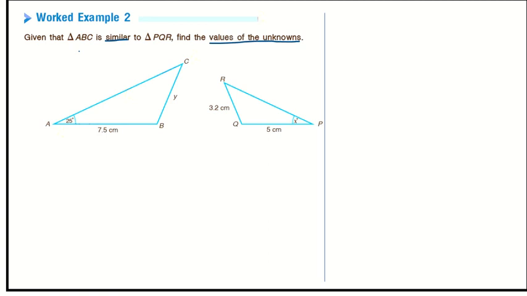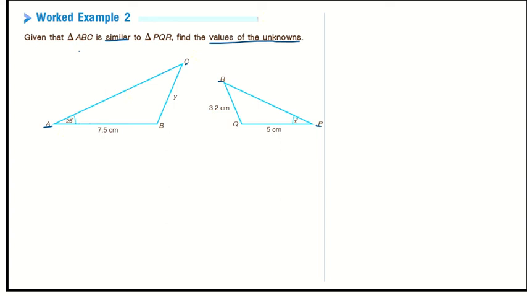So, step 1, we need to know which sides are corresponding and which angles are corresponding. You can see that AC is the longest side of triangle ABC and RP is the longest side of triangle PQR.